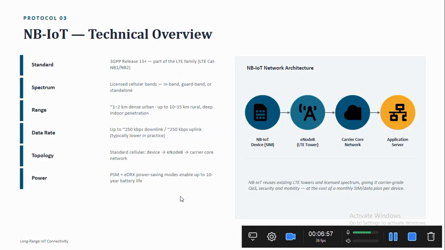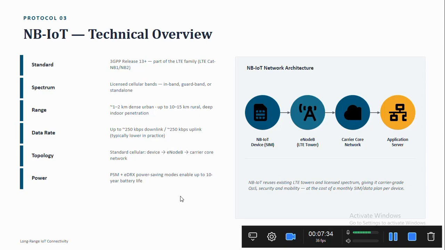And we have a technical overview of NB-IoT. NB-IoT reuses existing LTE towers and licensed spectrum, giving it carrier-grade QoS, security and mobility, at the cost of a monthly SIM or data plan per device. The NB-IoT device, SIM, LTE towers and the carrier network all give value to the application server.